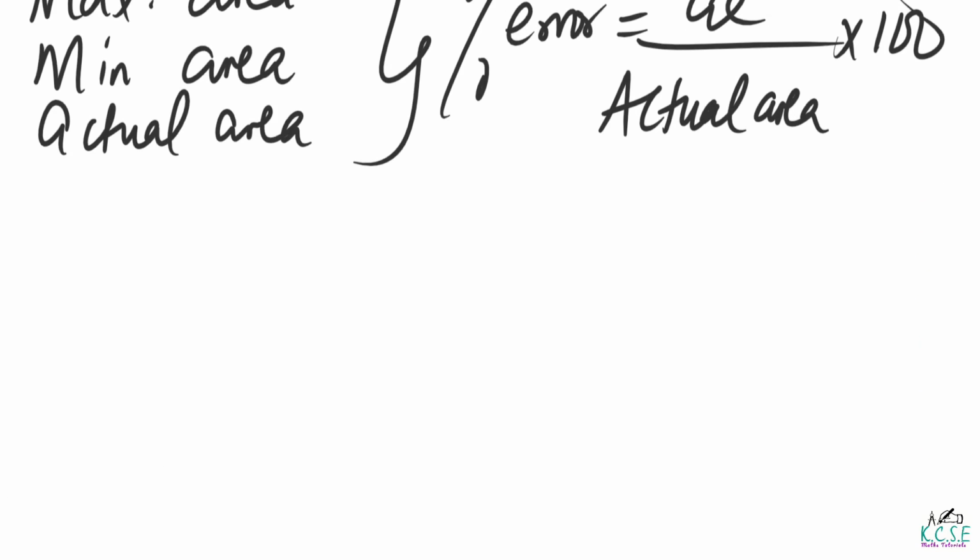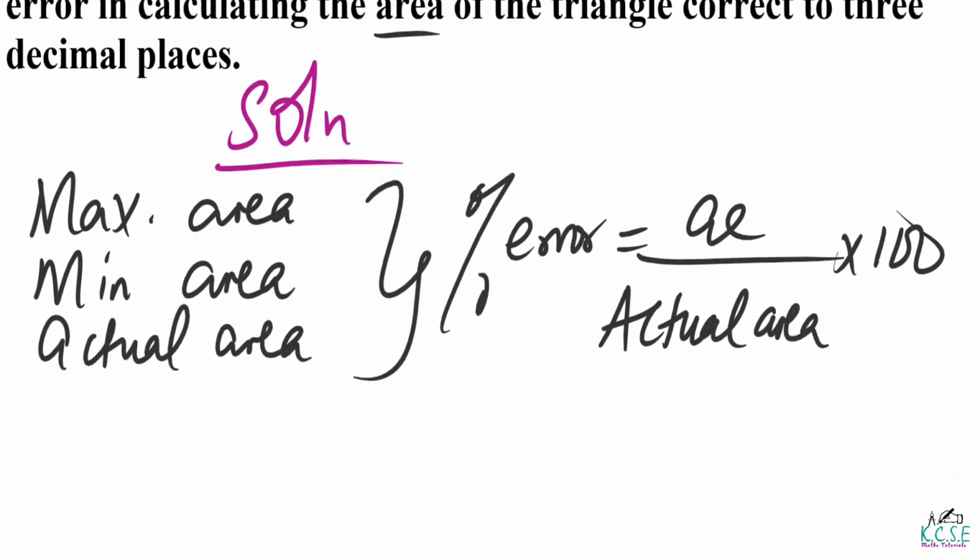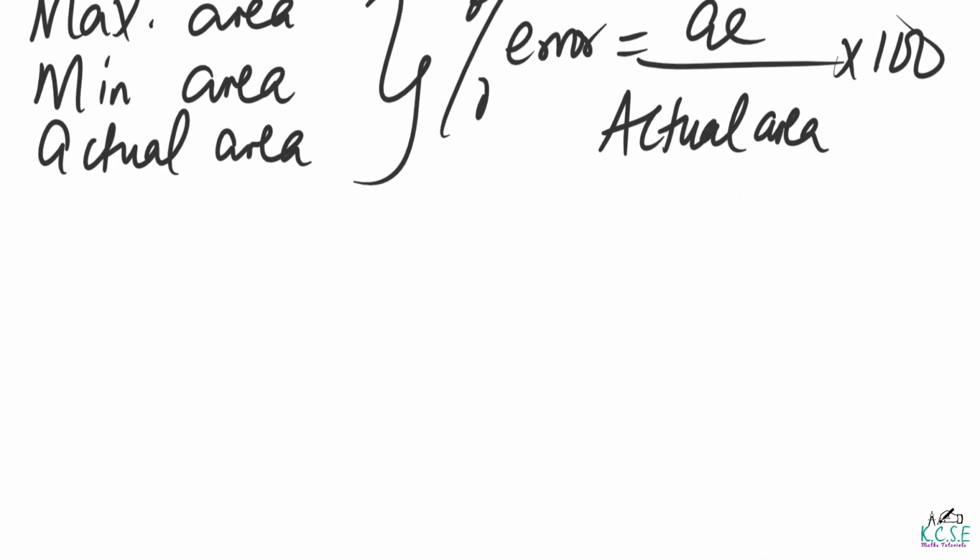So let's go straight to the first thing, the maximum area. But before we go to the maximum area, we need to look at the measurements that you're given, 8.2 and 6.3. The least unit of measurement is 0.1. Therefore, to obtain the absolute error in each of those measurements, we divide by 2, so 0.05. This is important in giving us the limits which will be used to calculate the maximum and the minimum area.